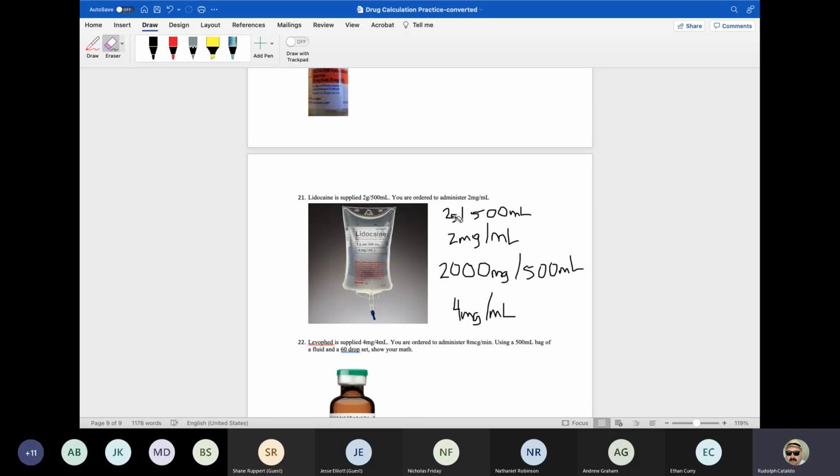So remember, we're at 4 milligrams per ml. I'll write that back at the top, 4 milligrams per ml. Okay, so now that's what we call our concentration.